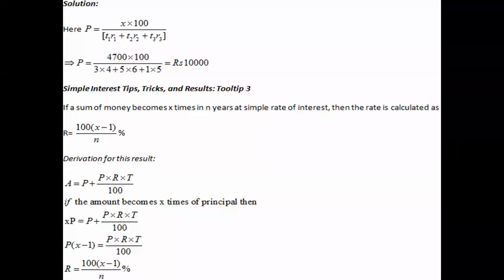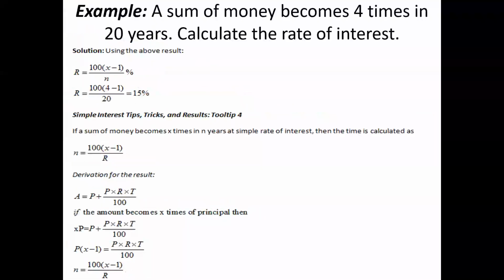XP equal to P plus PRT by 100. We can take P common: P of X minus 1 equal to PRT by 100, and then R equal to 100 of X minus 1 by N percent. So this is the formula, and using this formula we can solve some numericals also.